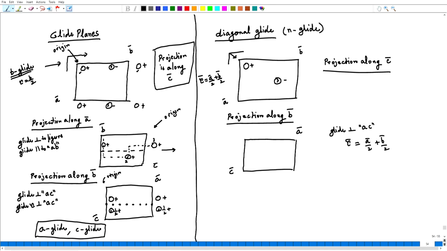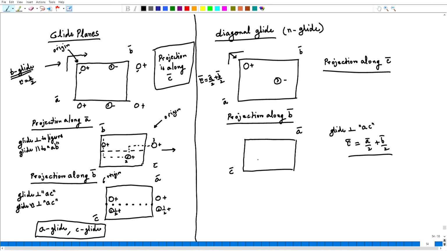So, first of all, how do I represent this glide, which will clearly tell me that the glide direction is going to be neither perpendicular nor parallel to the AC plane. You can clearly see the glide direction is neither perpendicular nor parallel to the AC plane, but it is at an angle. That is indicated.